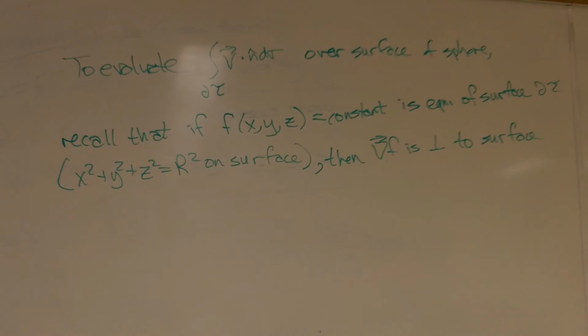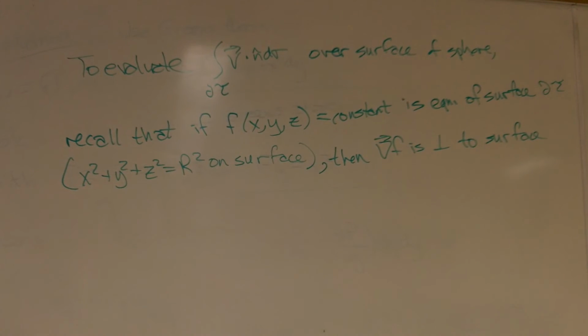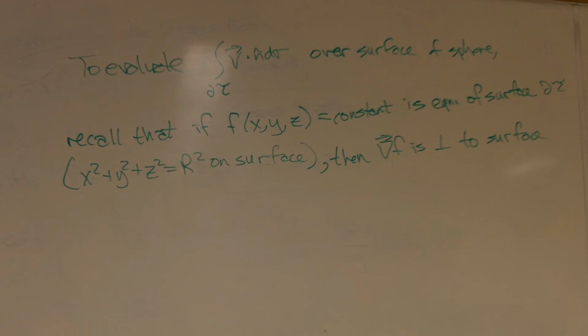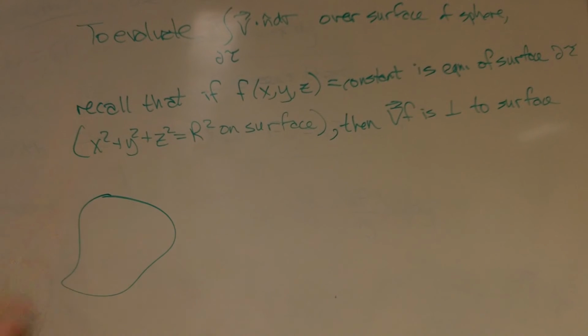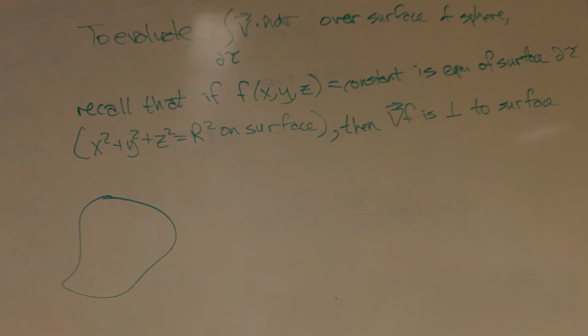And if we think back to when we first started talking about the gradient, we talked a little bit about topographical maps as an example. On a topographical map, we might have some kind of curve like this along which the elevation, as a function of x and y, your position along the surface of the earth, is constant. Everywhere along this line is the same elevation as every other point.